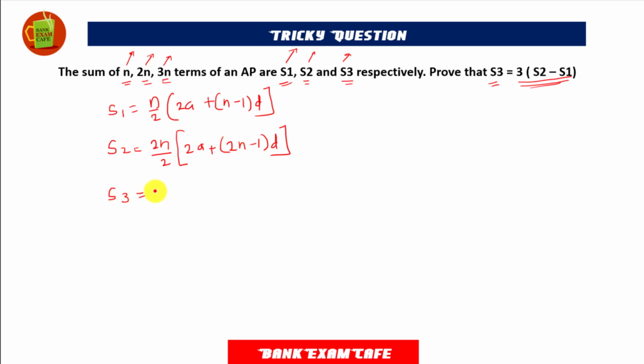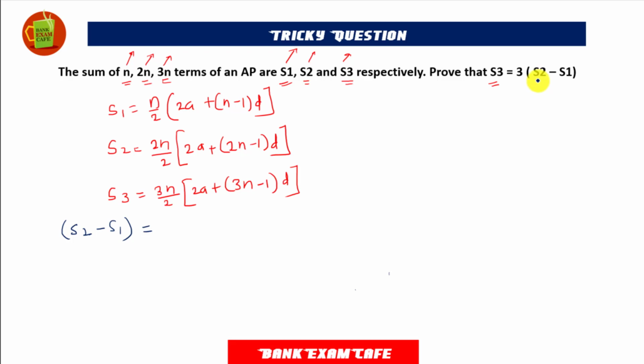Similarly S3 is equal to 3n upon 2 into bracket 2a plus, here the number of terms is 3n, so 3n minus 1 close the bracket into d close the bracket.